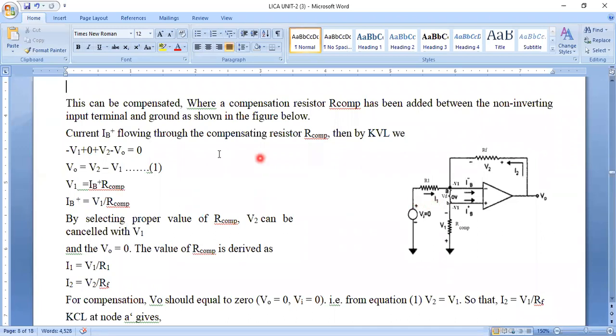This is node A and this is node B. The voltage drop across node A is equal to the voltage drop across node B. That means point A and point B have the same voltage values.